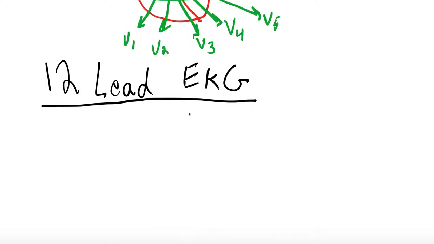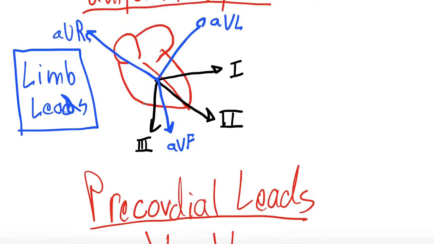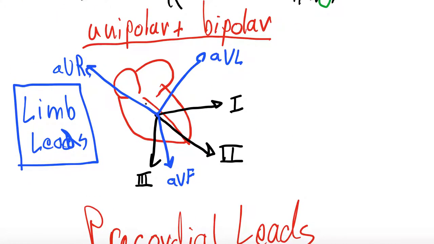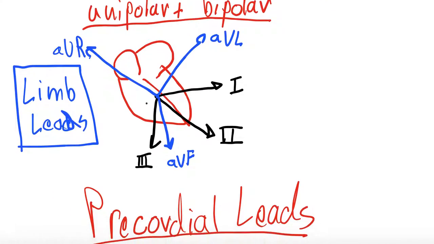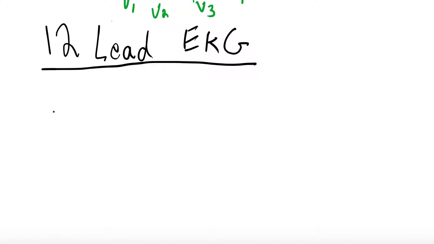And for the sake of understanding, let's color code. What did I use up here? Let me see. The unipolar leads were blue, bipolar leads black, and precordial leads green. So the bipolar leads were black, so these are going to be black on our drawing.